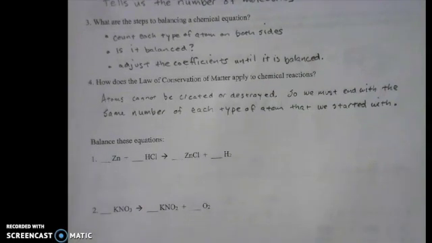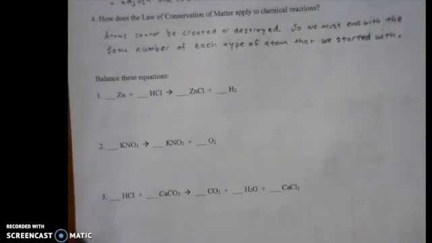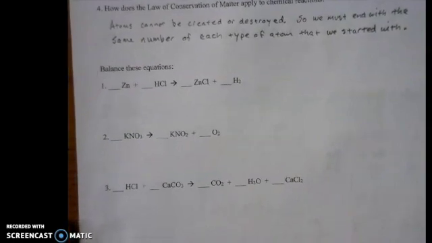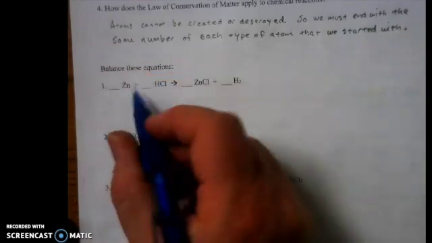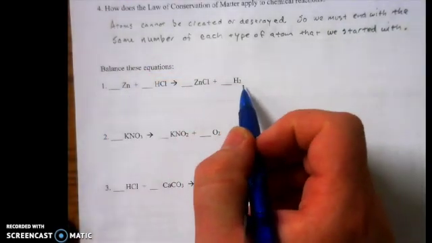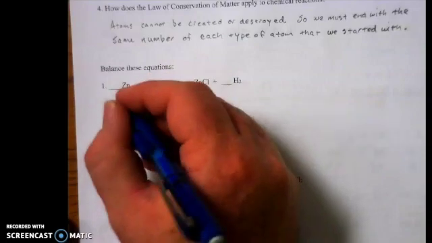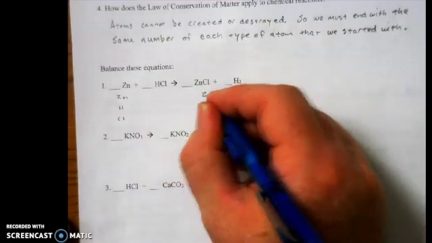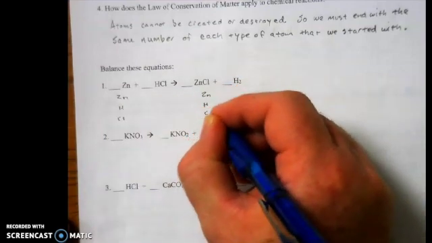All right, so now just a few more equations to balance, and we're good to go. So we start off, we're going to list all of the different elements that are on each side of this equation. So we've got zinc, hydrogen, and chlorine. Zinc, hydrogen, chlorine on the right.